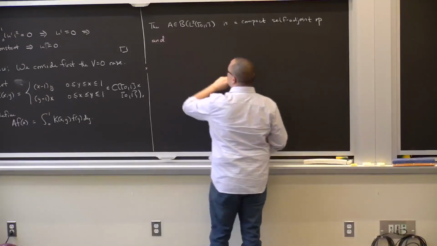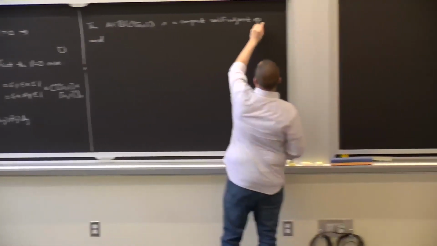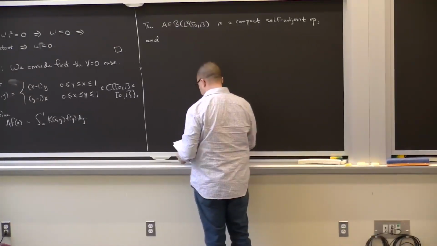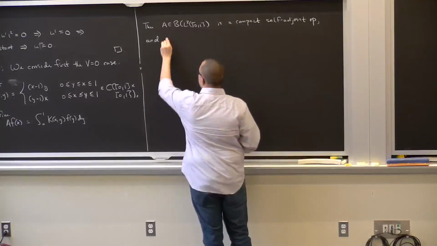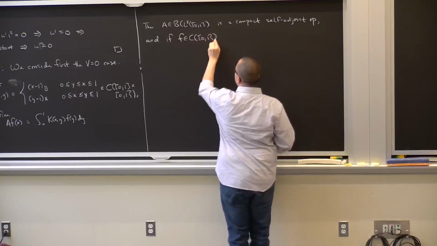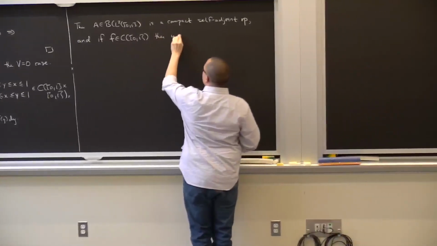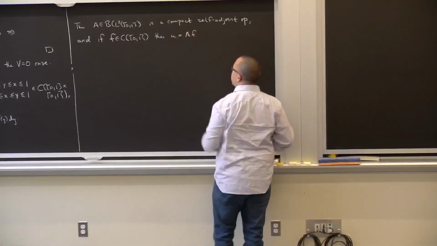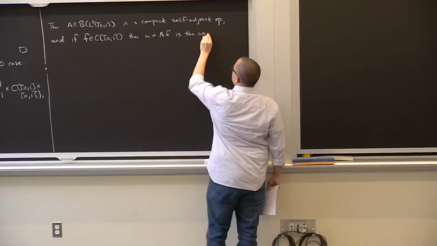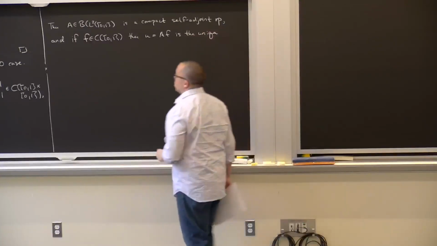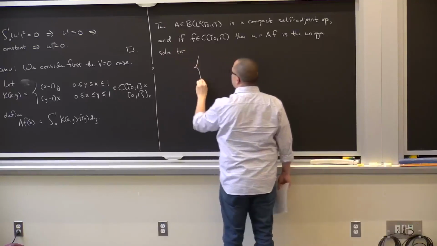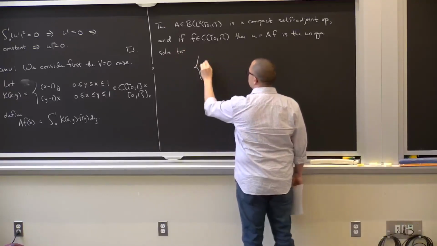And basically A times f is the inverse of minus u double prime, or A times f solves the Dirichlet problem. If f is in C0,1, then u equals A f is the unique solution to the Dirichlet problem with v equals 0.